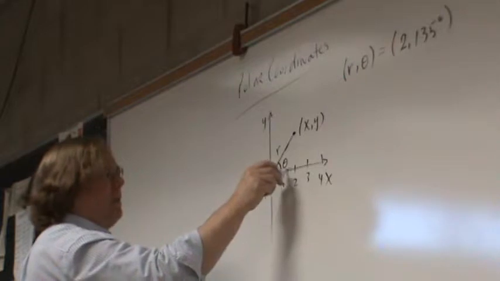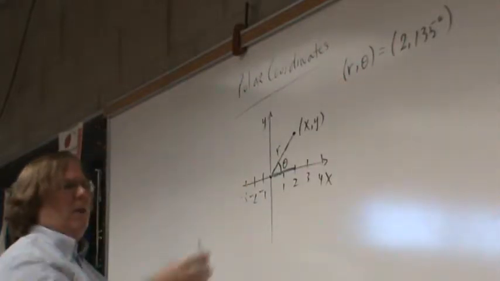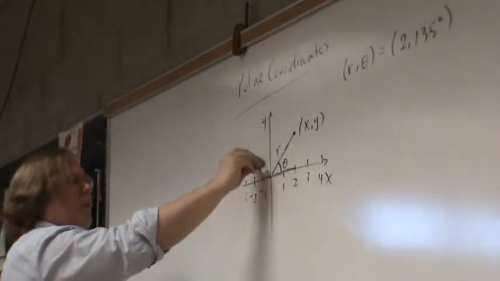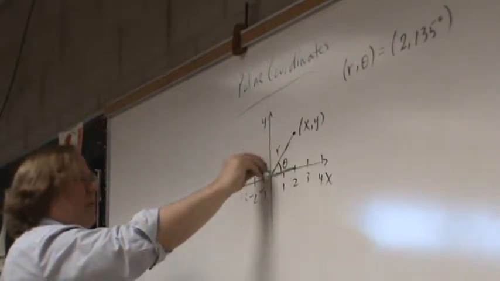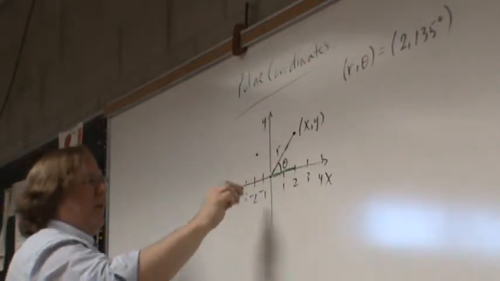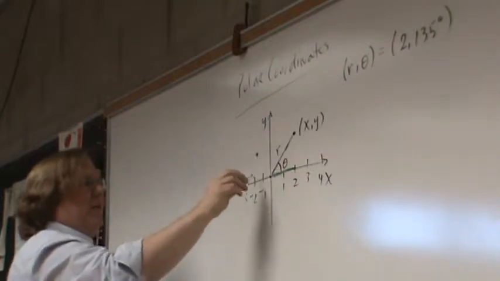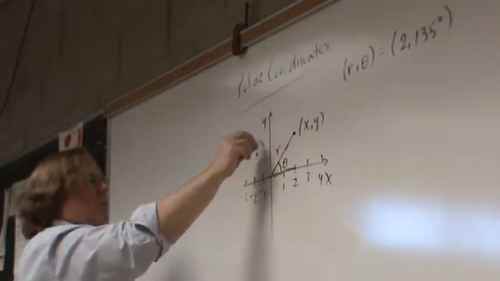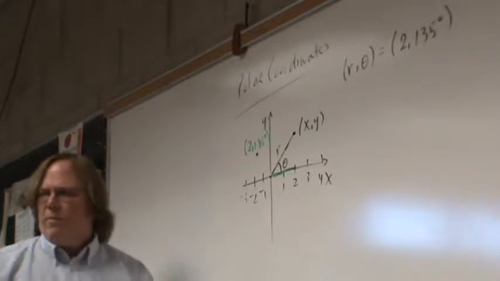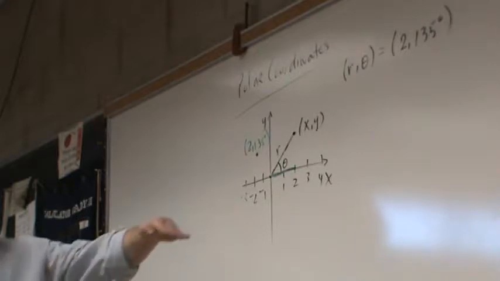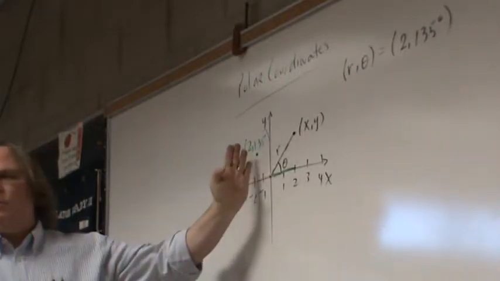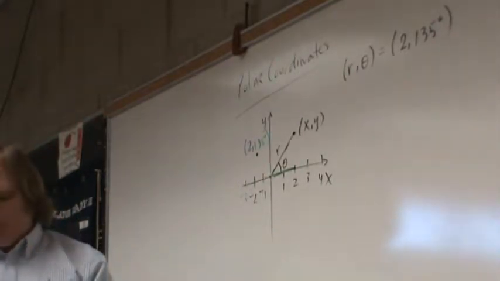There's my stick with a length of 2. And then I'm going to rotate that stick 135 degrees. So that stick gets rotated to here, and this is the point 2 comma 135 degrees. You guys okay with that? Yes. That's all you're doing, getting the distance from the origin and the angle that your stick has to be rotated, and now you get to find that point.